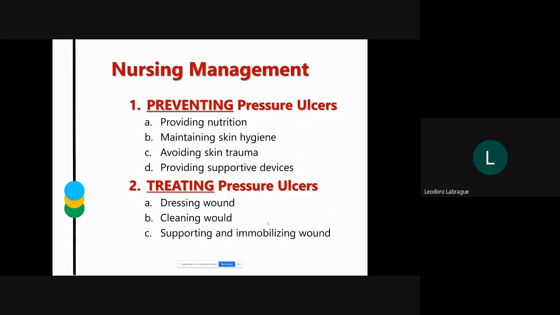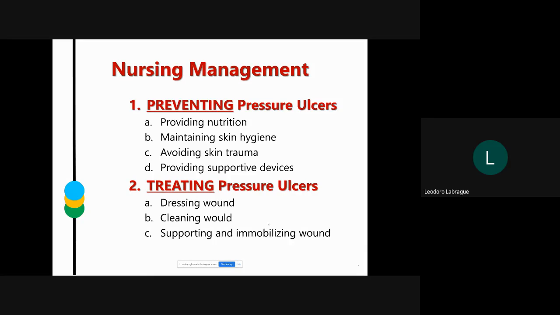So at this point, we are now on the later part of our topic, and we're going to discuss nursing management. This is very important, especially when you work as a nurse. You need to perform these preventive measures, and you need to learn how to treat pressure ulcer.